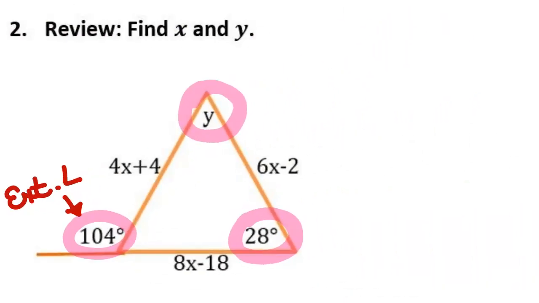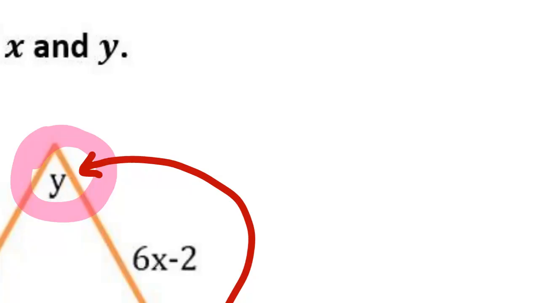So what would we call these two that are inside the triangle but don't touch that exterior angle? Close. They are interior. They're not alternate, though. Looking for a word that starts with an R. Remote interior.